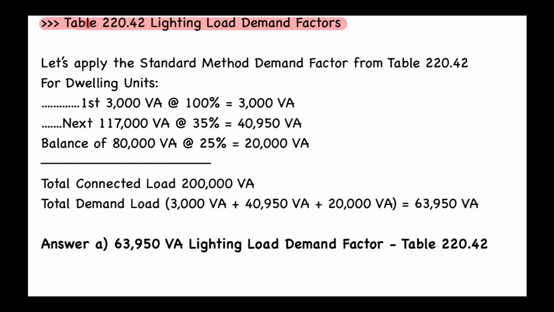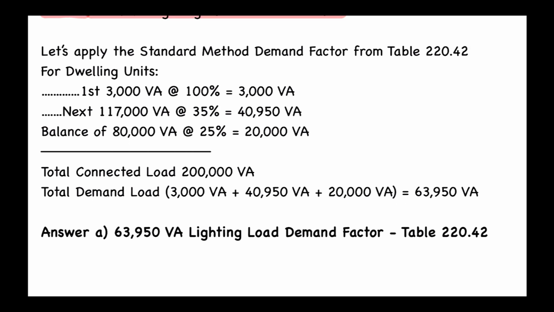All right, let's go back and take a look at how we solved this problem. Let's apply the standard method demand factor from Table 220.42 for dwelling units. We take that first 3,000 VA at 100%, and that gives us 3,000 VA. Then we take the next 117,000 VA at 35%, and that gives us 40,950.